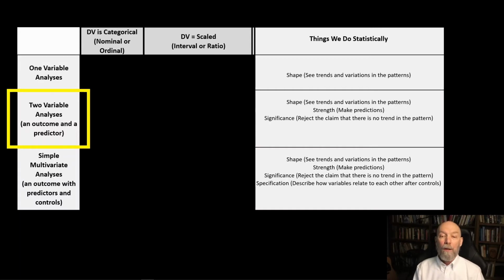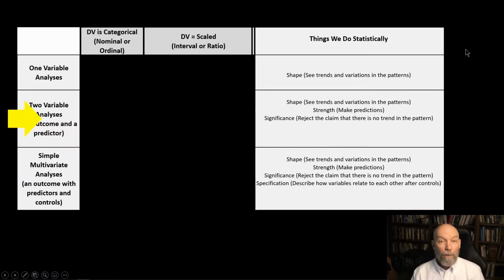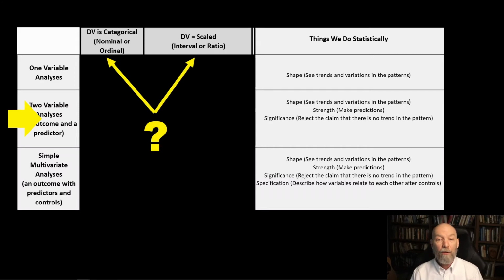Okay, so we're going to be in that row. Whatever tool we're going to use, it's going to be somewhere in that row. And then we ask ourselves, the dependent variable, view of spending on national defense, is it categorical? People are put in discrete answers, yes, no, whatever. Or is it scaled?